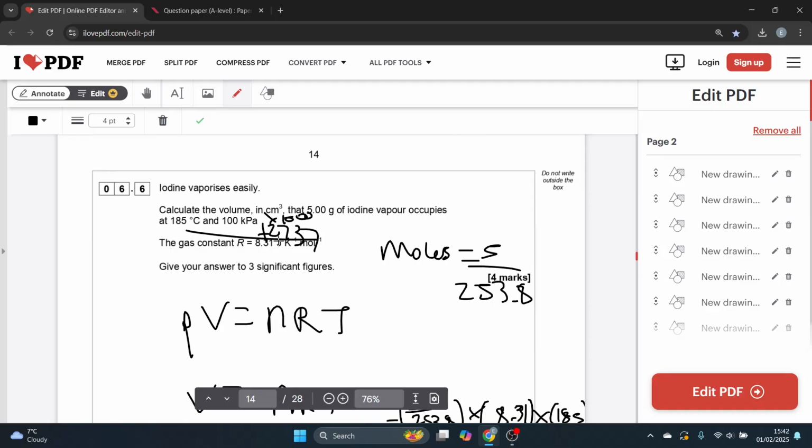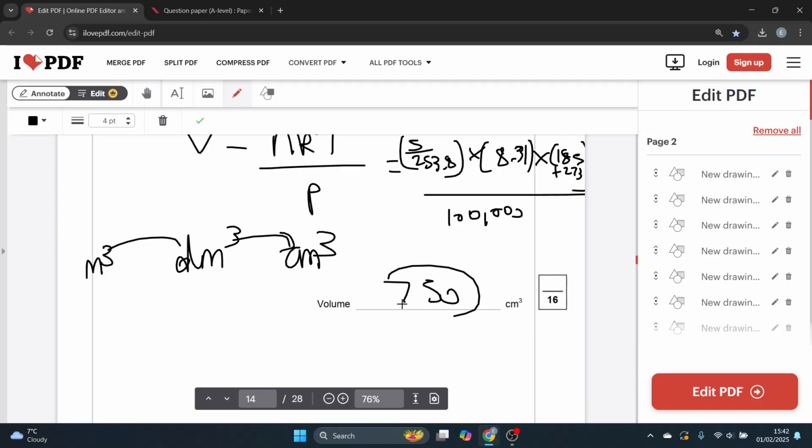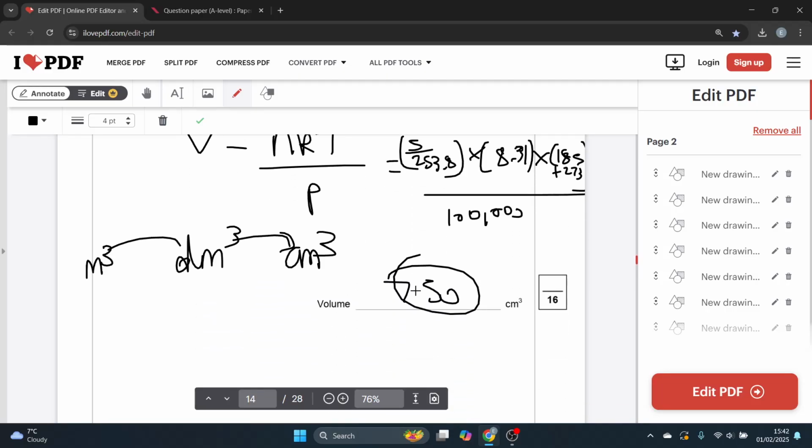Now I want it in centimeters cubed, but remember it's m cubed, dm cubed, cm cubed. dm cubed is always in the middle. How I like to remember that is the d block of the periodic table is always in the middle. So to go from meters cubed to cm cubed, I'm going to have to times by a million, and I get 750 cm cubed.